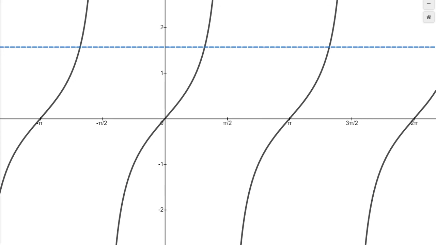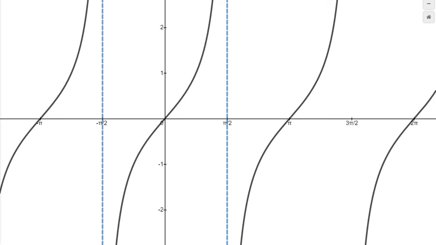The bit that I find tricky to remember is which way does it curve. So we can see, if I put this line back in, y equals x, we can see that the graph of tan for x on the positive side of things curves away from this straight line here.